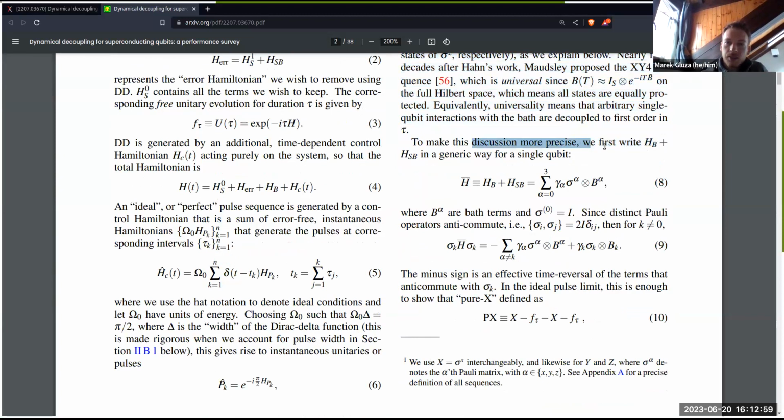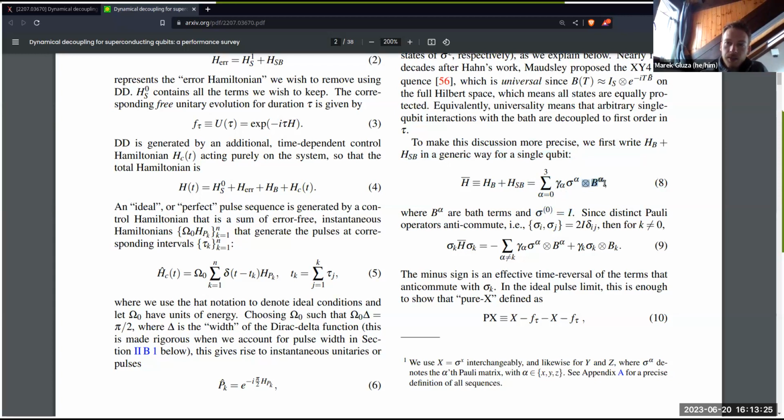We write HB and HSB in a generic form for a single qubit. So HB is this, HSB is like that. And here we have the coupling to the bath. Okay. So what is this notation? Sigma alpha, when alpha is equal to 0, so sigma 0 is identity.